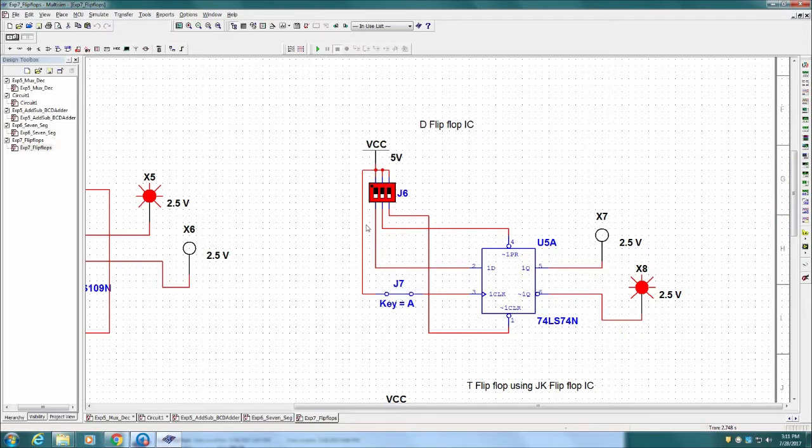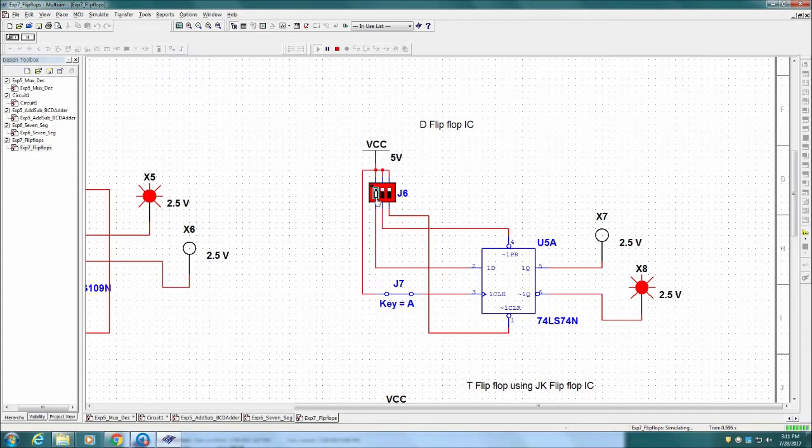Now, we will check the D flip-flop IC 74LS74. Similar to the JK flip-flop, this also has preset and clear inputs and a clock. When preset equals 1 and clear equals 0, the flip-flop will reset the output to 0.